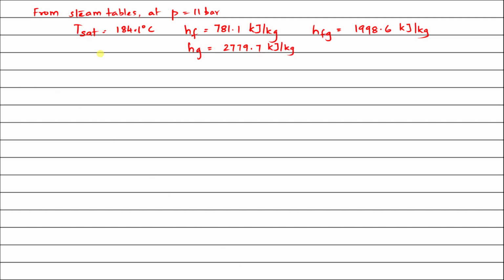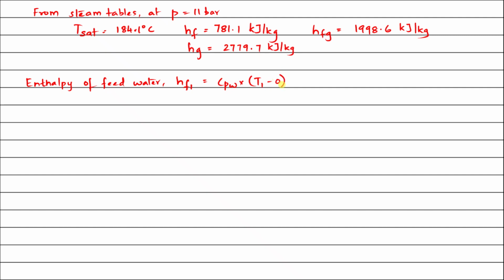Now, once I have taken these values, the role of the steam table is over. Now I can find out the enthalpy of the feed water, which we denote as HF1.